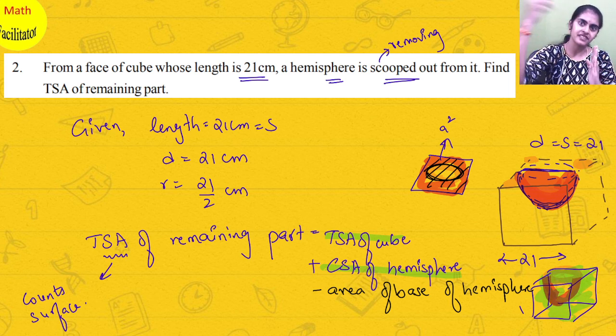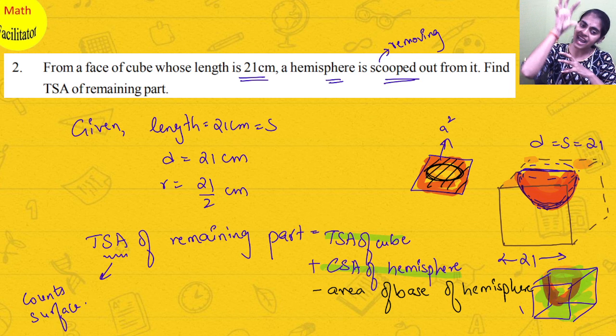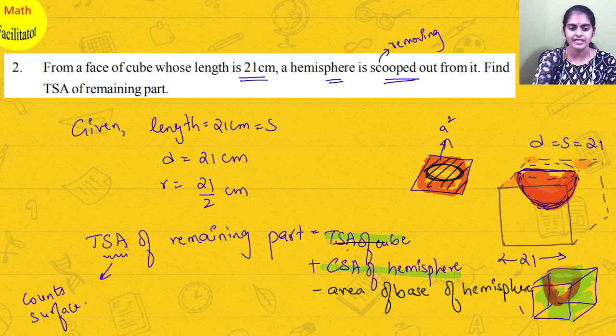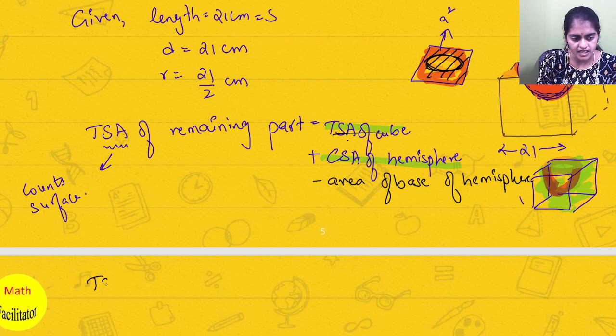So you don't have that. But for total surface area, you have included the total top also. So you have to remove that circular portion which you have added in the total surface area. Did you understand? So this is how you have to frame the formula. A lot of imagination is needed for surface areas.